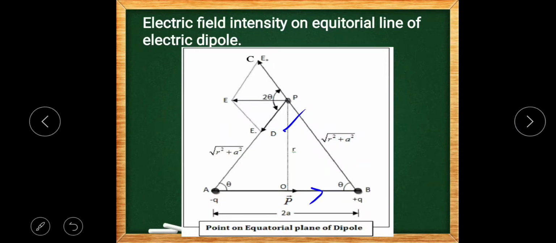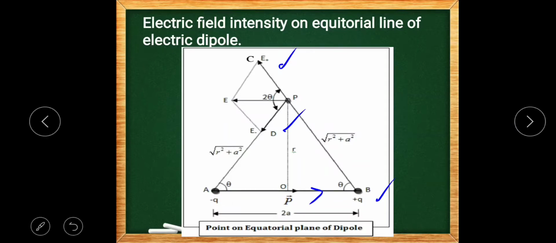We know for a positive charge, the electric field direction is radially outward. Electric field due to charge plus q is along PC, because the electric field line due to a positive charge is radially outward.